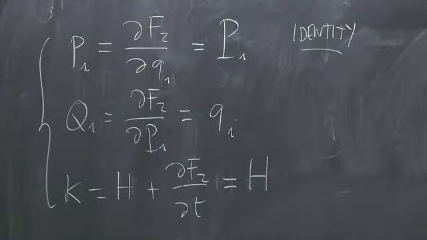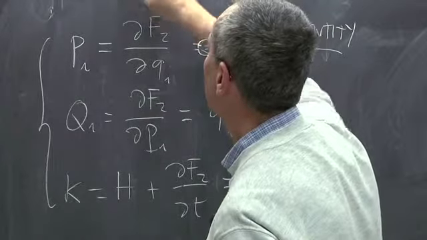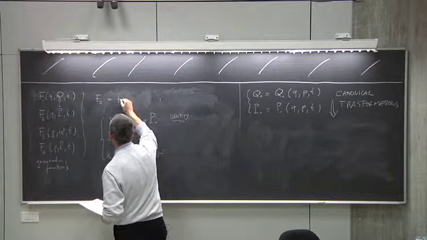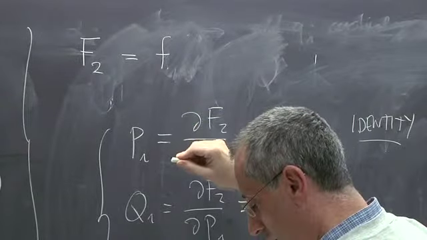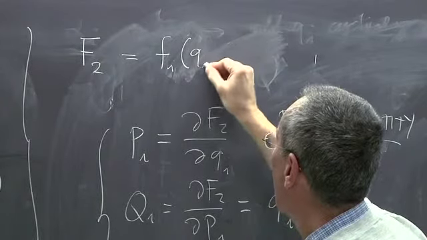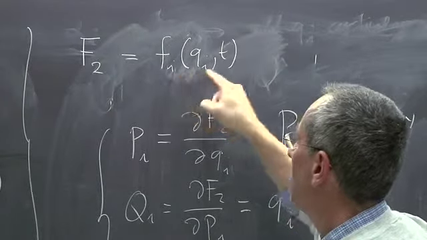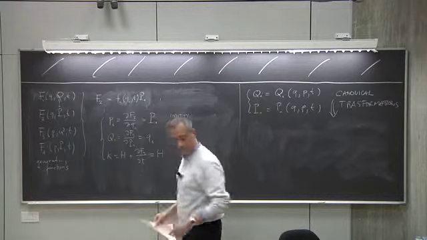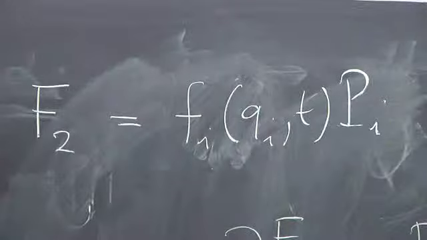But what about if I take for F2 this one? Here I take a generic function of the qi, okay, and I multiply by big Pi. So the identity is gone.